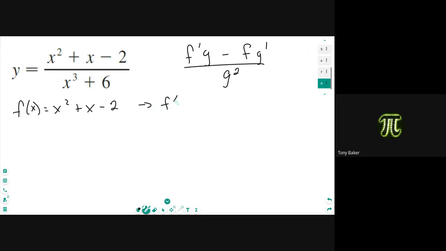So what's the derivative of f? 2x plus 1. g of x is x to the third plus 6. The derivative of g of x is what? 3x squared.